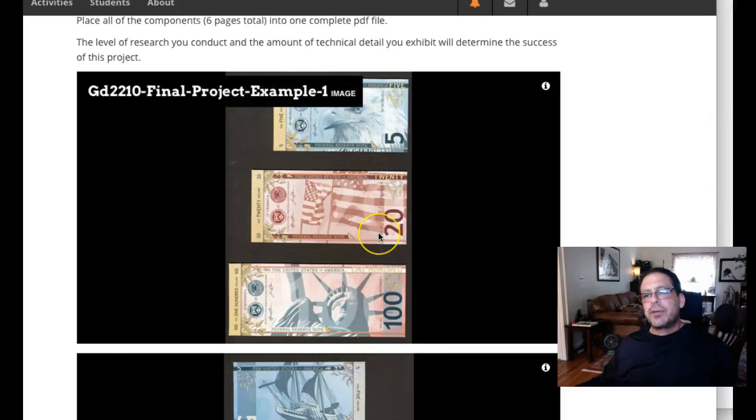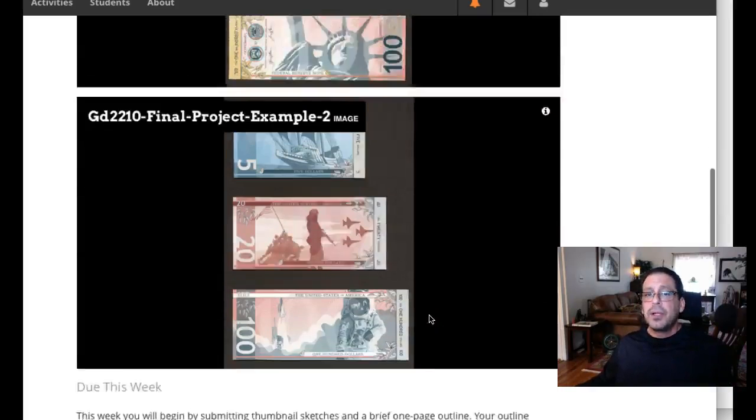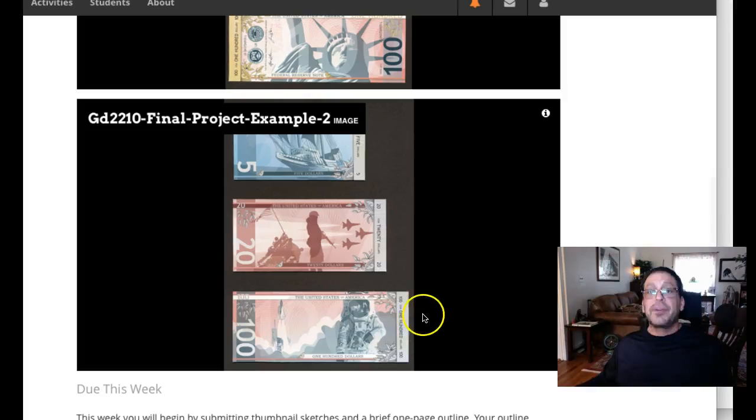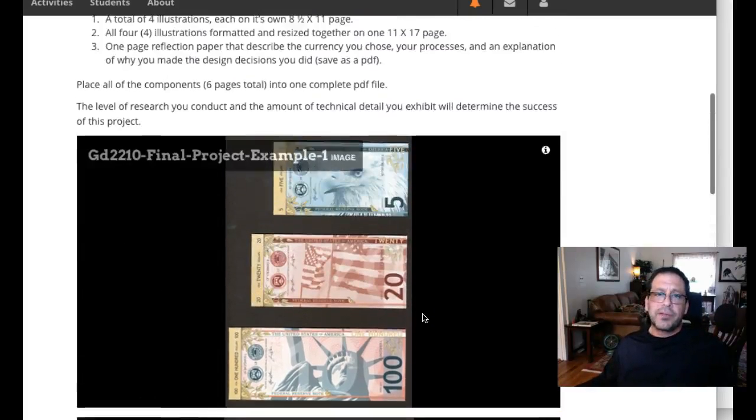So that's really interesting, and that's something that is relatively, well, I shouldn't say relatively new, but it is a new idea in the design of currency because the way that the paper feels and the way that it holds and the way that it folds should indicate some sort of indication as to its denomination, especially for people who can't see as well as others, and some other accessibility issues that point to different sizes in money, indicating different denominations. So that's an important consideration.